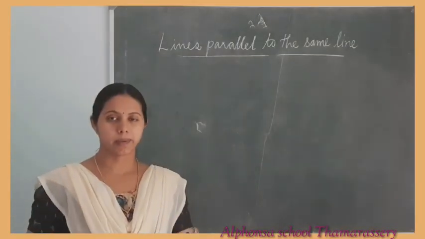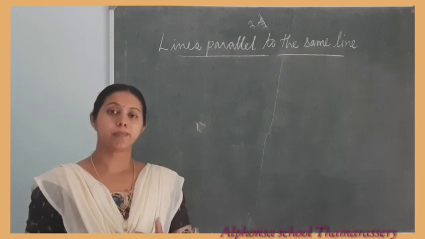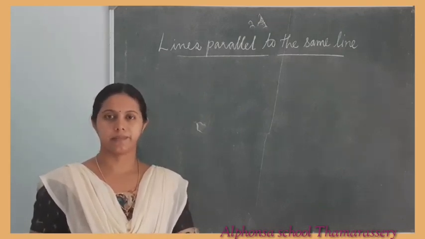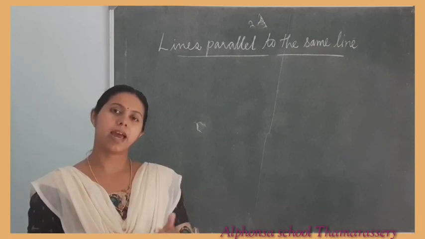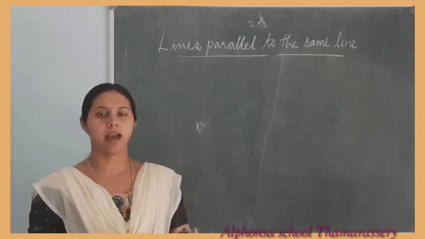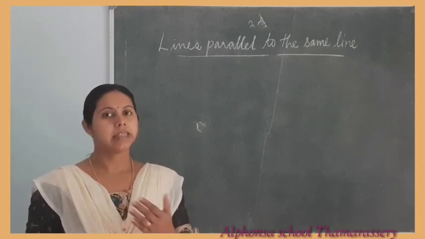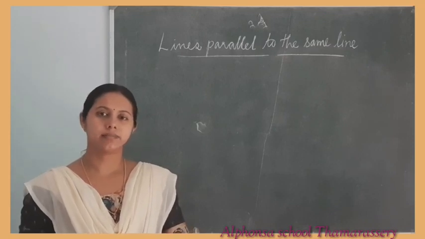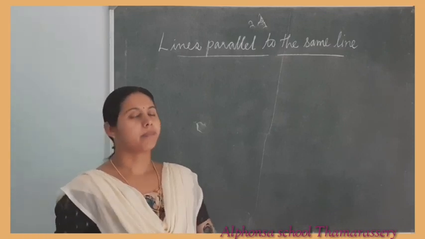So next our topic is lines parallel to the same line. If two lines are parallel to the same line, will they be parallel to each other? Let us see.